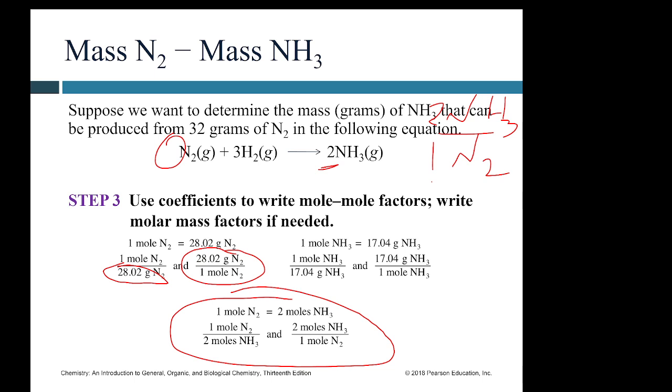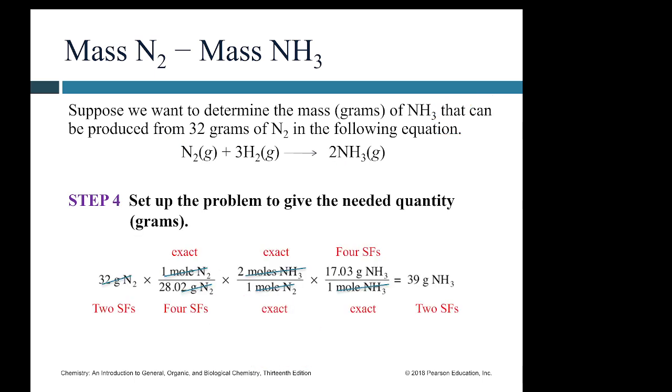All right. And that's going to give me my 17.04 grams of NH3 for every 1 mole of NH3, right? Okay, so whenever I do these math problems, this is just a conversion, isn't it? So I'm going to start with 32 grams of N2, which I get from right there. Everybody good with that step so far?